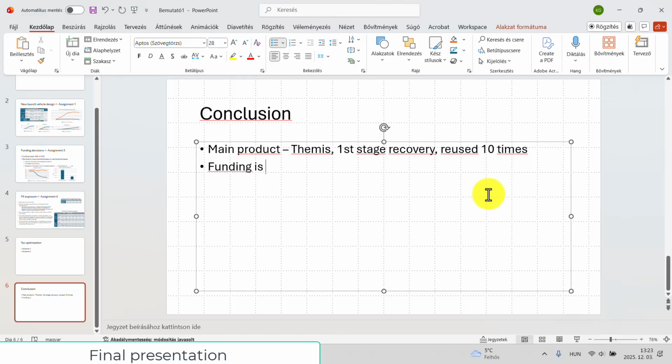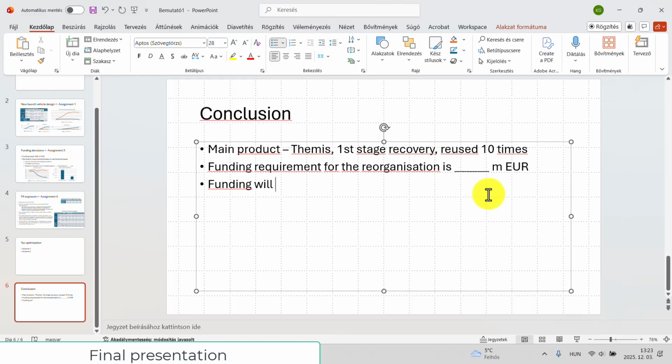Funding is done. So the funding requirement for the reorganization is some million euros.